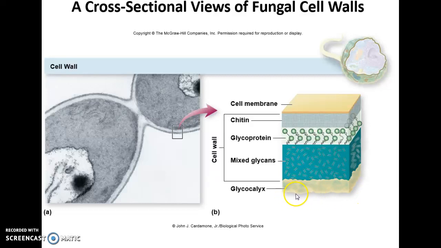And if you remember from the bacteria cells, this is kind of that slime layer, right? That sticky layer of carbohydrates and some proteins. And so this is why still some fungi have that kind of slippery, slimy feel to them.